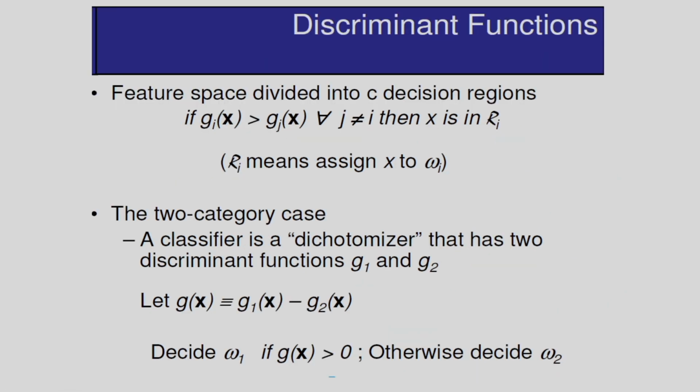The Fisher space is divided into C decision regions, and if g_i(x) is greater than g_j(x) for j not equal to i, then x is in Ri, that means the Fisher vector x will be assigned to the class wi. For the two-category case, I have to determine g1 and g2, and g(x) is equal to g1(x) minus g2(x), and we can take a classification decision based on this condition.